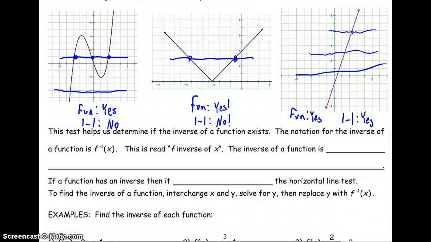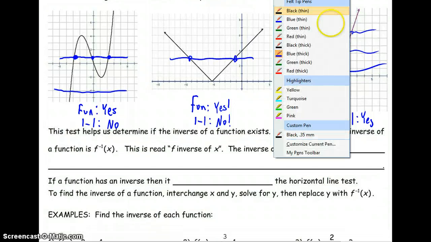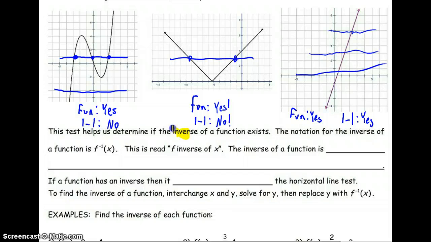They help us know if an inverse of a function exists. The inverse of a function is going to be represented by f of -1 of x. It's read f inverse of x. The inverse of a function is really going to reverse the work that the original function has done.